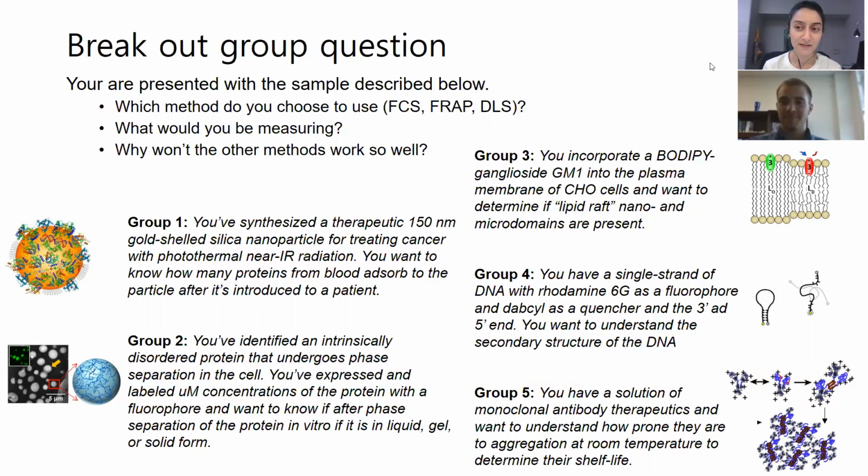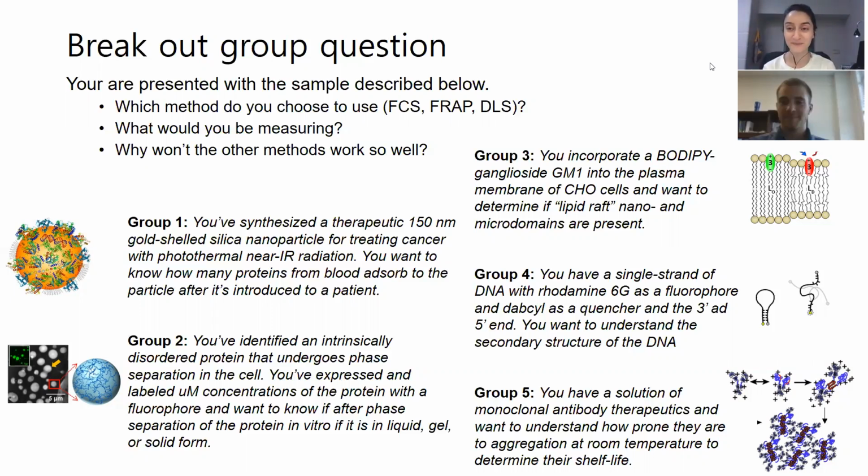I think we decided on DLS with Mie scattering because this is where the particle size falls, between 50 and 500 nanometers. We're measuring the scattering versus the excitation of that particle. So is that correct?